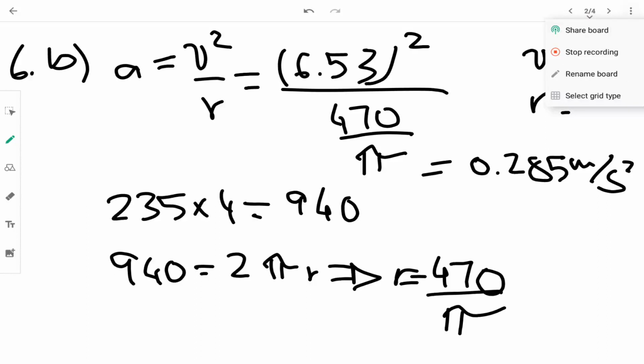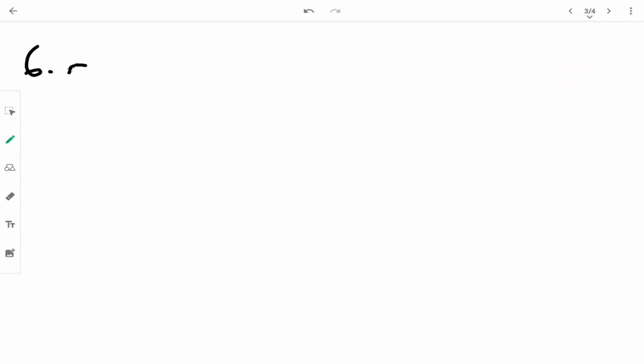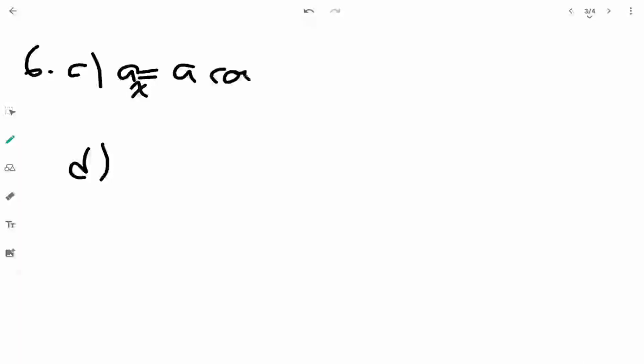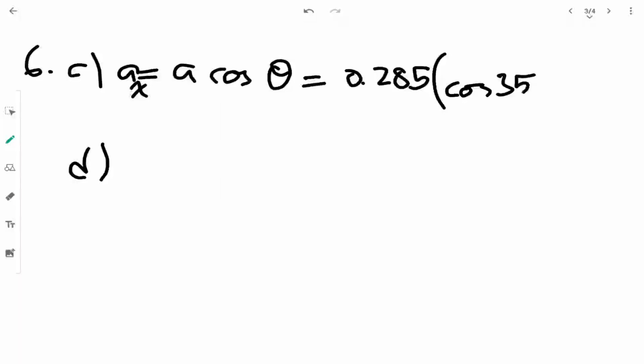So for part C and D, they wanted to find the x and the y component when theta is 35 degrees. So for the x component, the acceleration is the acceleration times cosine theta, which is 0.285 multiplied by cosine 35, and you'll get 0.233.